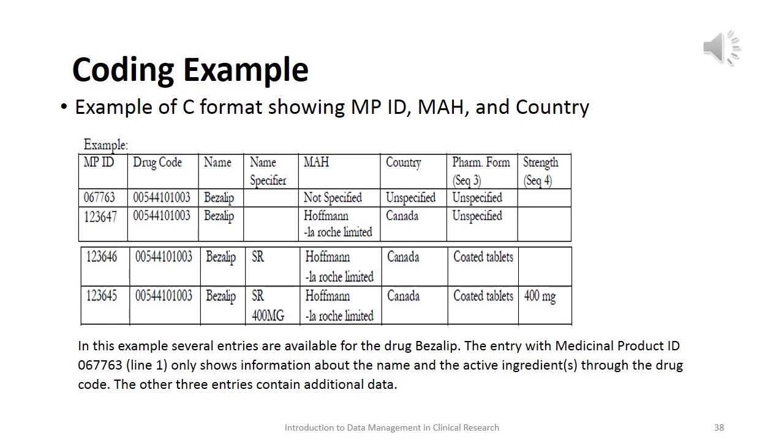In the MAH column, the marketing authorization holder, you can see Hoffman LaRoche has been added. You can also see in the country column where Canada has been added. And then in sequence 3 and 4, the labeling of coated tablets and then 400 milligrams is added in the final sequence on that last row. As you can see, each of those lines has a unique medicinal product ID, which identifies the differences in each of the 3.